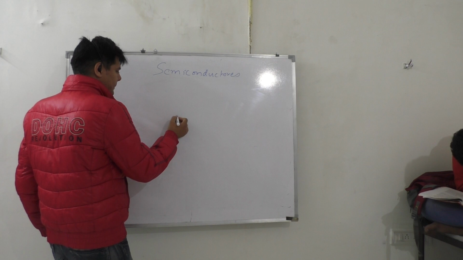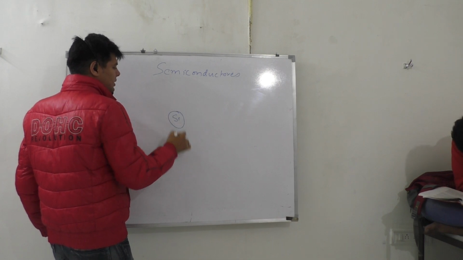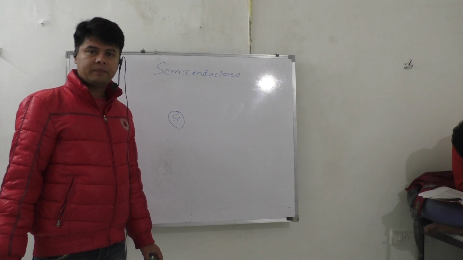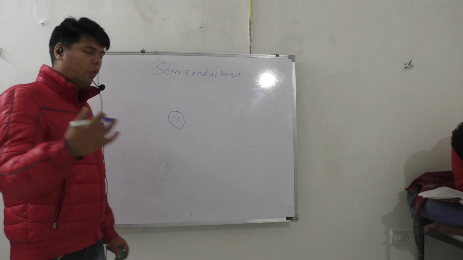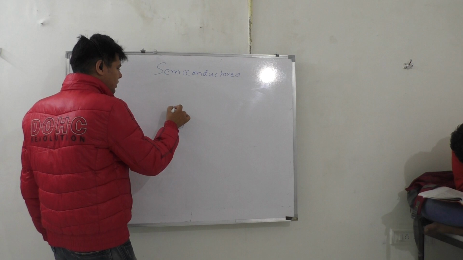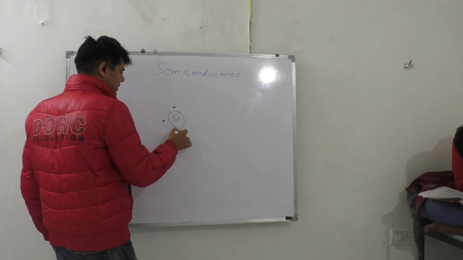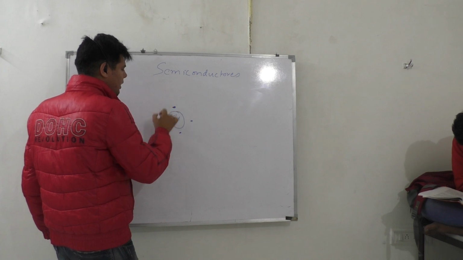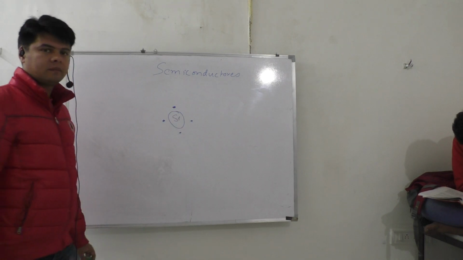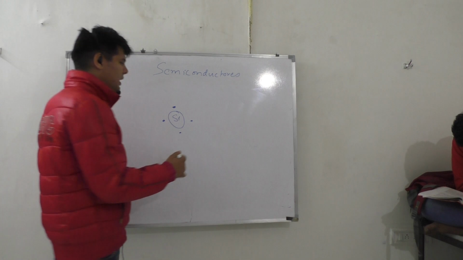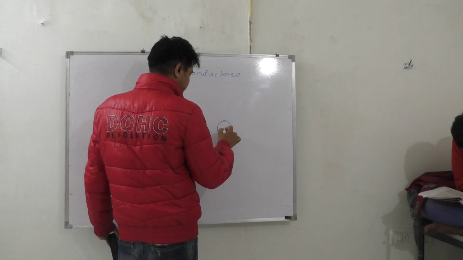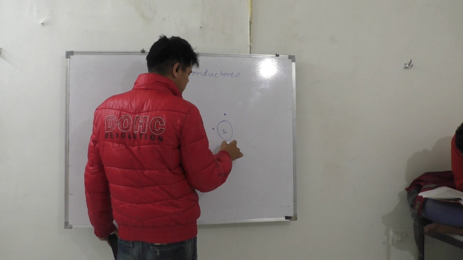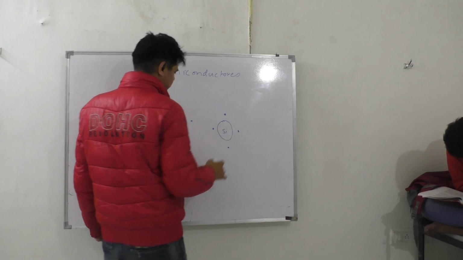Suppose, as we know, silicon is a fourth group element where 4 electrons are available at the valence band. These are the 4 electrons, 1, 2, 3 and 4. If I have another atom of silicon, it also has 4 electrons, 1, 2, 3 and 4.